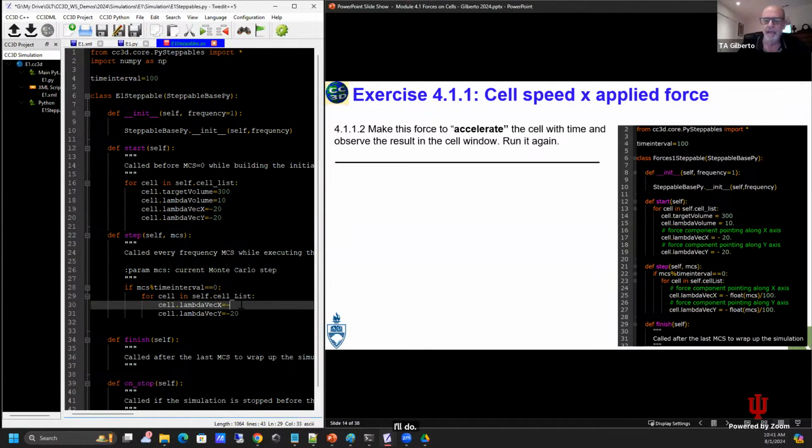It's minus float of MCS divided by time interval, or by 1/2. The same to the other. Okay, so the acceleration is if Monte Carlo is 100, it will be -1, -2, -3, and so forth.